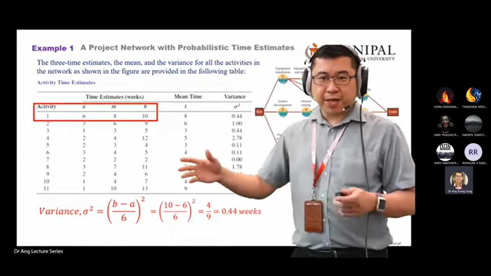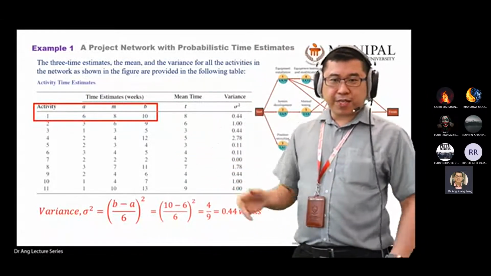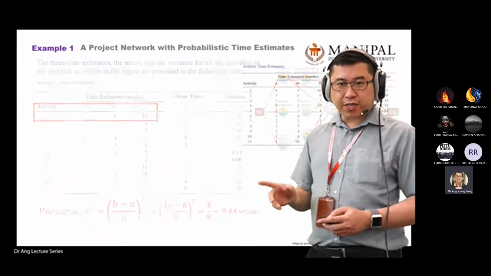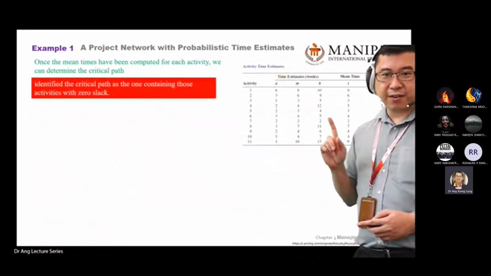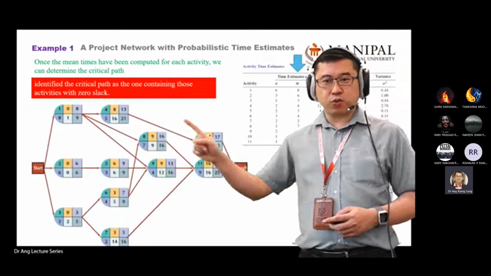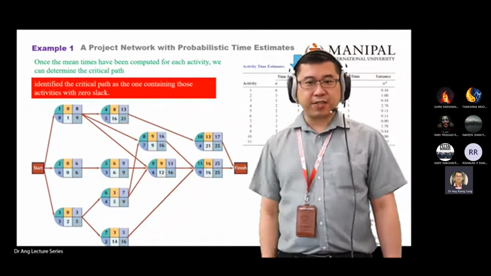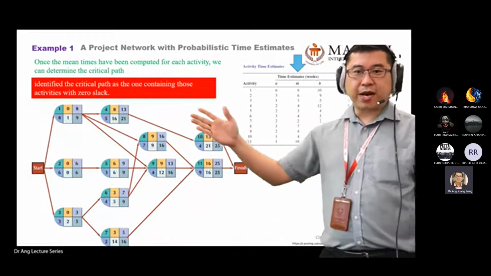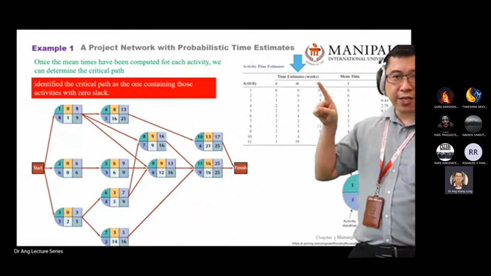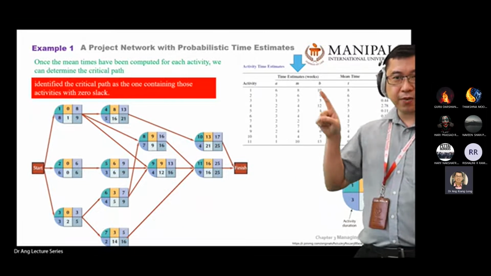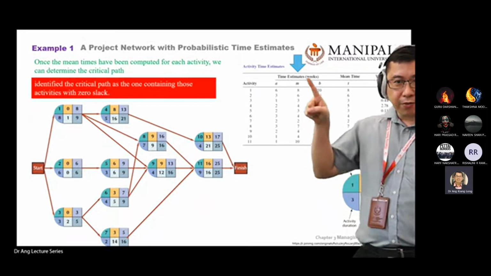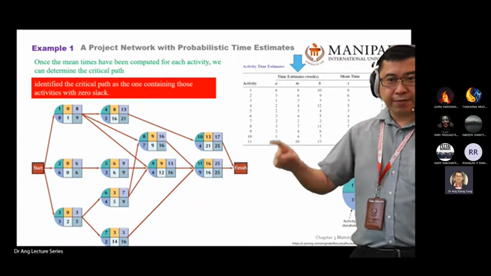Now, once you build this table, you focus on transferring the information from the table into the diagram that we have covered last lecture. You focus on one column of information, which is the time for the M column here.